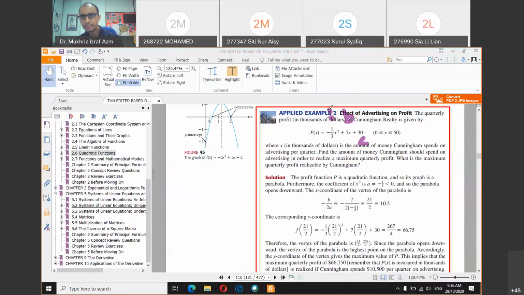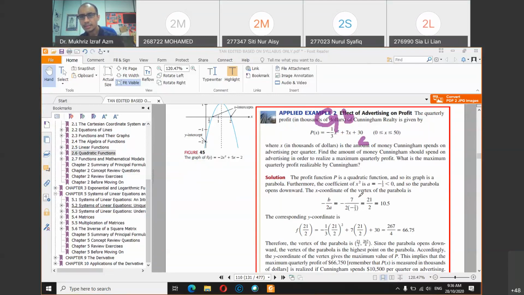The negative symbol is a must. Regardless of the value that you pick up from here, the negative shouldn't be left out. So negative b, where b is the coefficient for x, which is 7. A is the coefficient for x square, which is negative 1 over 3. So that's what you see here, negative b over 2a.